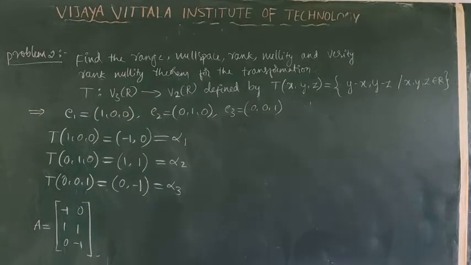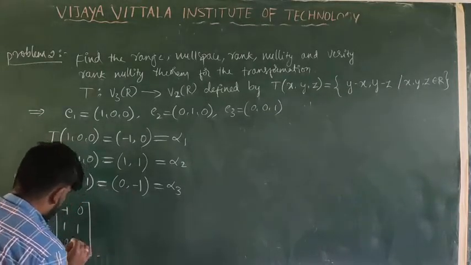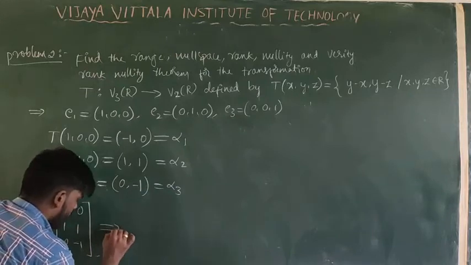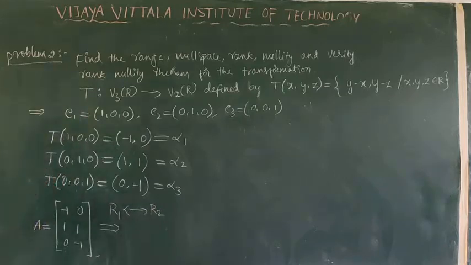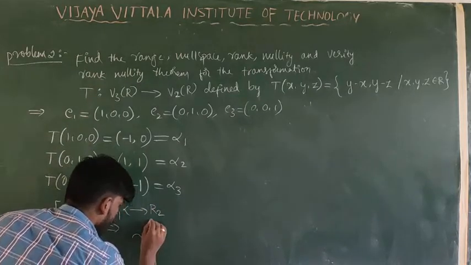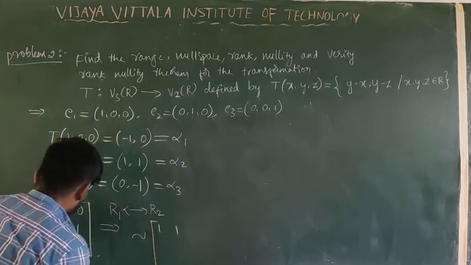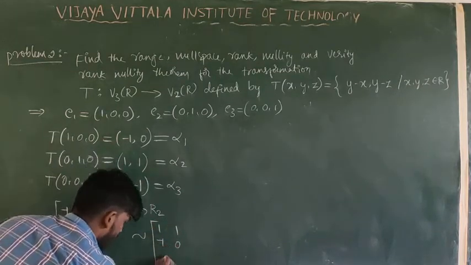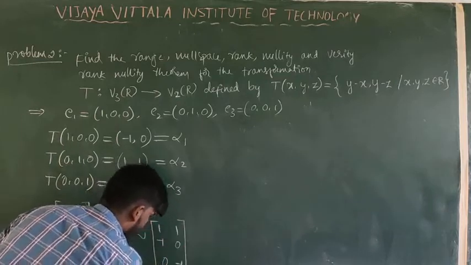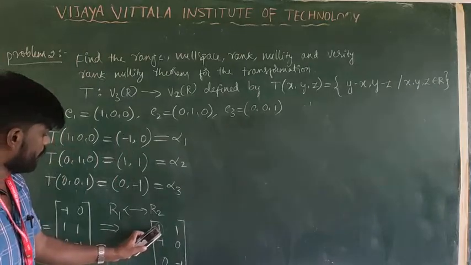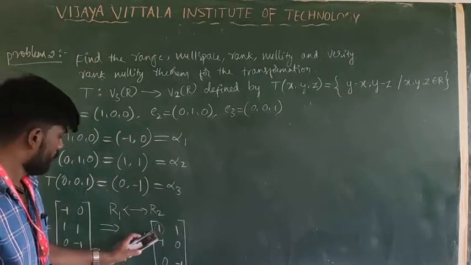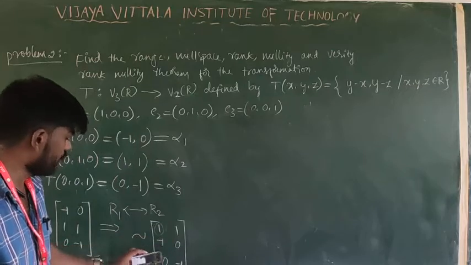To find rank, we use row echelon form. For that, we interchange row 1 with row 2. We get 1 1 minus 1, 0 0 minus 1. This is a non-zero leading entry in the first row, therefore this becomes the pivot of the first row. Then below that, we make the elements 0.